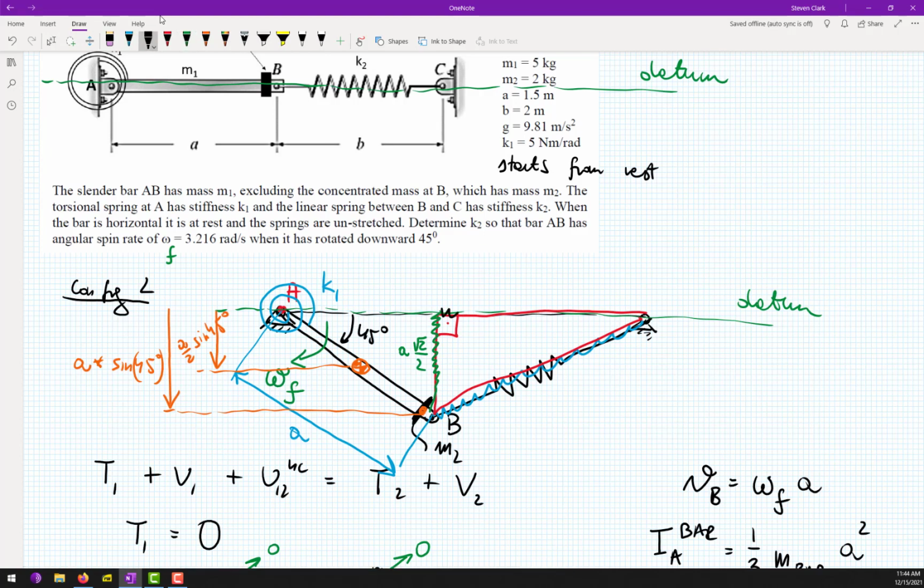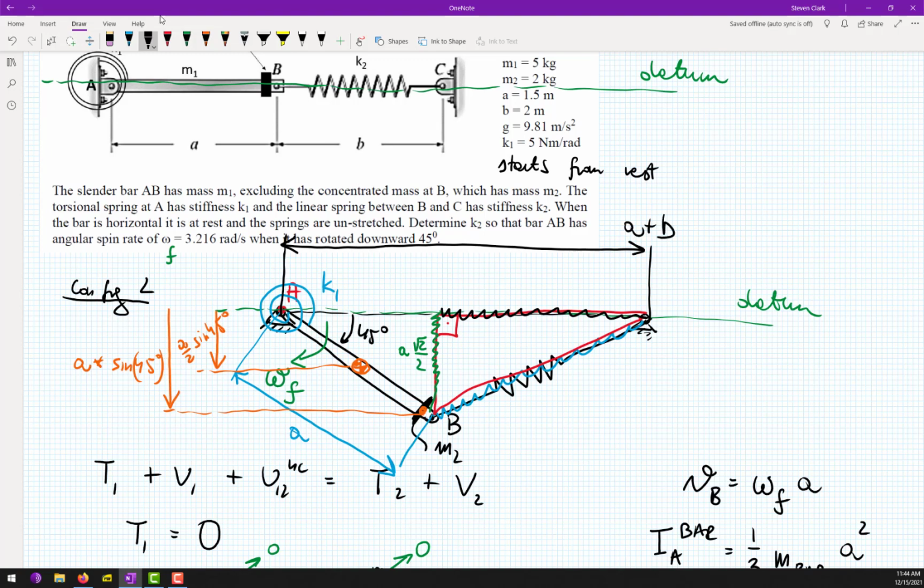This black one. I don't think it's B. We know that this is A plus B. Yes? This is A plus B.